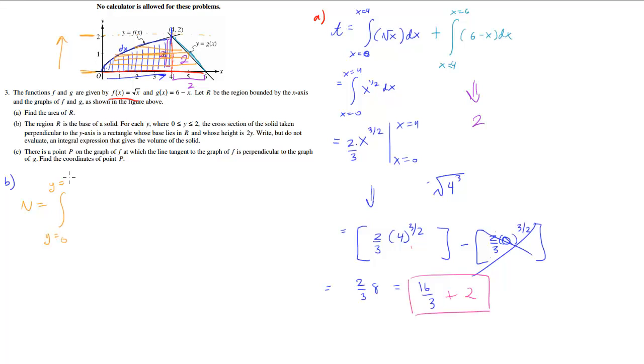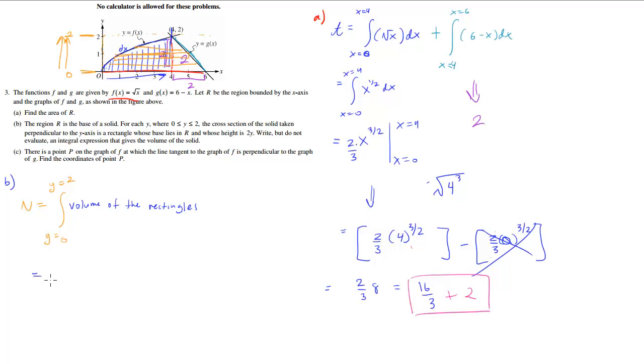Y is going from 0 to 2, because this is our 0 and that's our 2, and so if you're adding up this way, you're adding them up in that direction, and you start at 0 and you stop at 2. What are we adding up? We're adding the volumes of the rectangles.